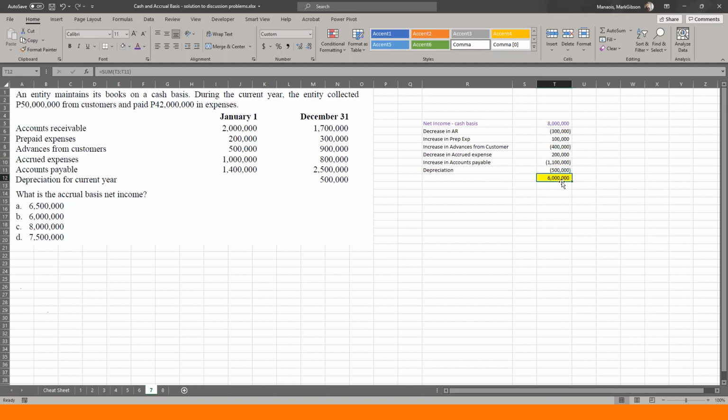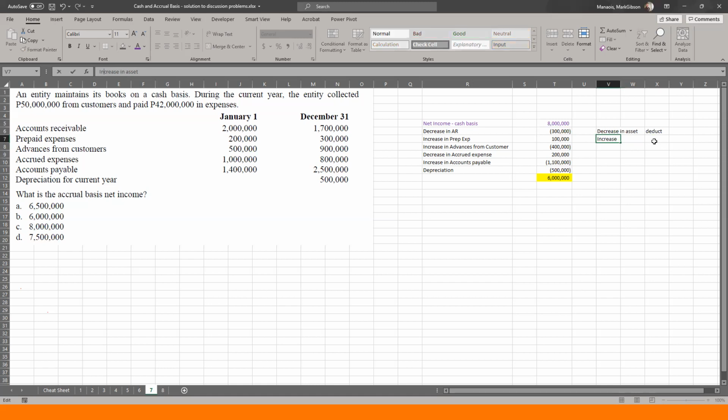Actually, class, there's another way to look into this. Parang kung gagawa tayo ng cheat sheet, pansinin, if it's a decrease in the asset, decrease in asset, so we have to deduct. So kung increase in asset naman, so we have to add.